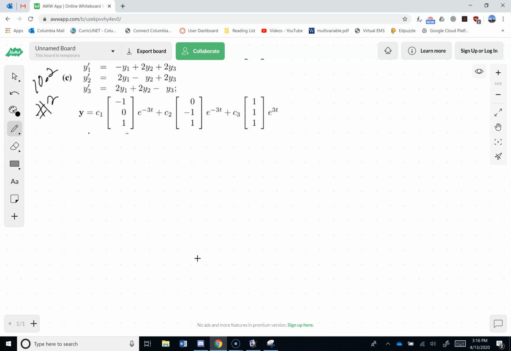So in order to rewrite as a matrix equation, I think I need to say something like, all right, so y prime is equal to, and then I need the coefficient matrix here. So how do I get that thing, guys? Okay, cool.